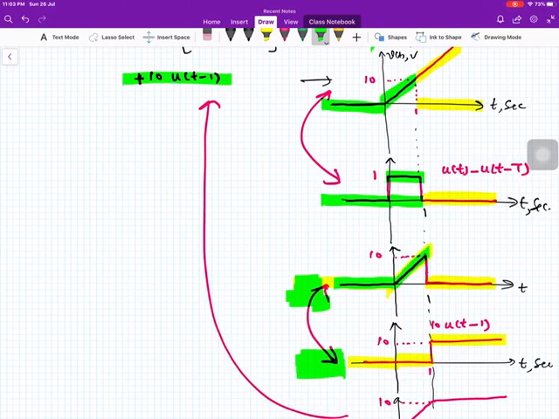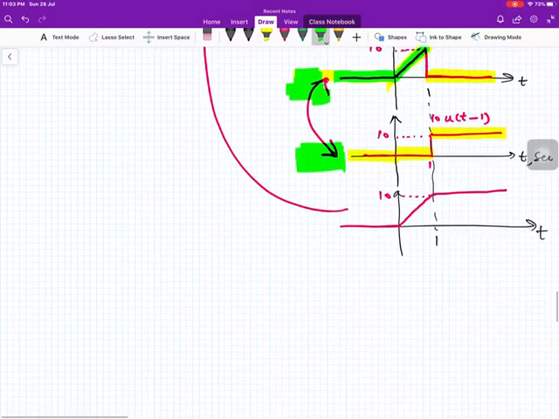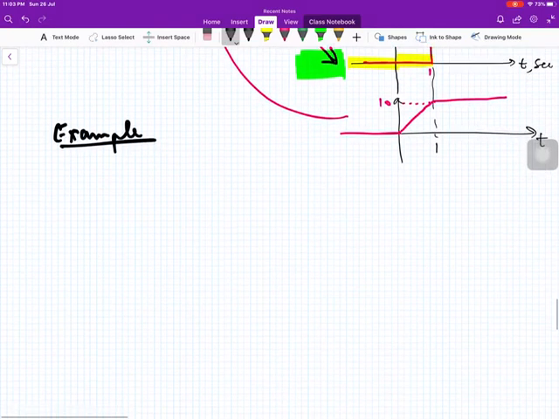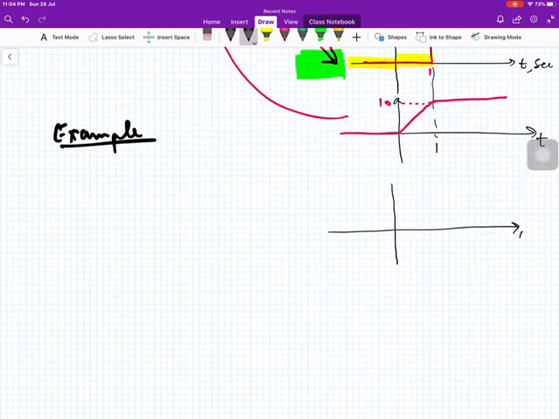and I will advise you to see the text. There are many examples in it. In the textbook there is another example, and in this example we need a voltage of the waveform shown over here.